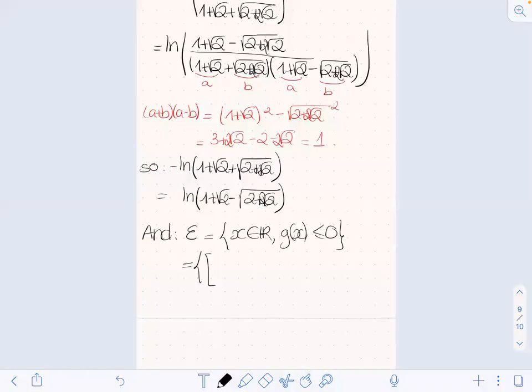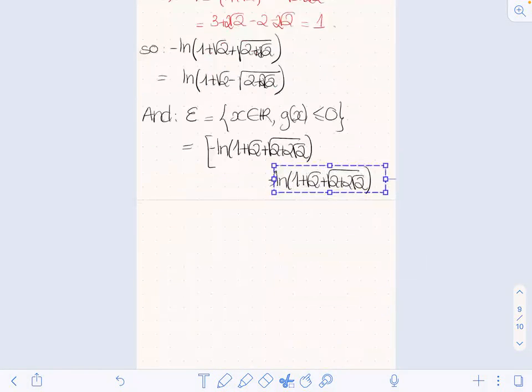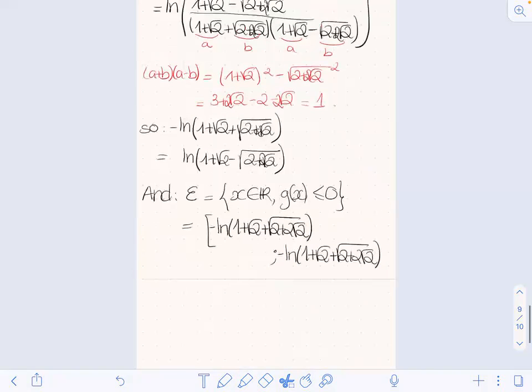So E, if we take a look at it, just gives us an interval, and it will go from minus logarithm 1 plus square root of 2 plus square root of 2 plus 2 square root of 2, all the way up to the same point without the minus. And we could equally write it the other way around, so I'll put a minus there.